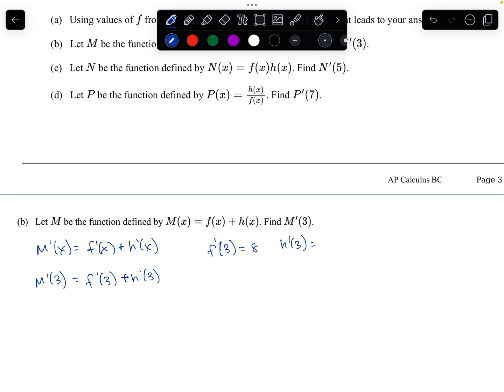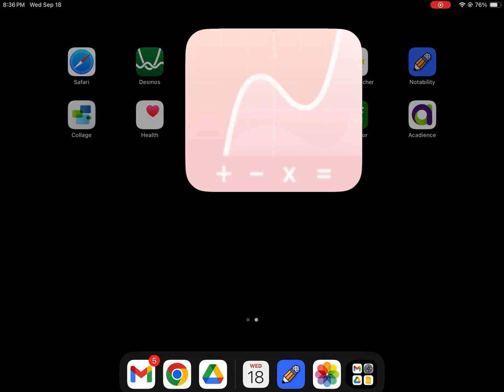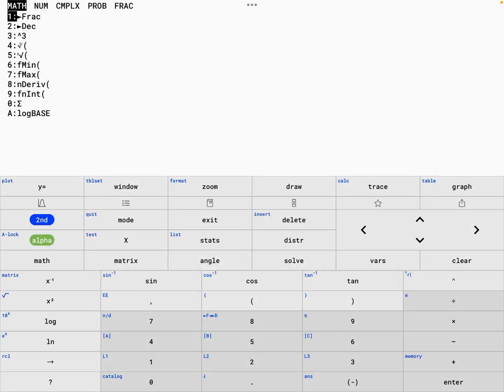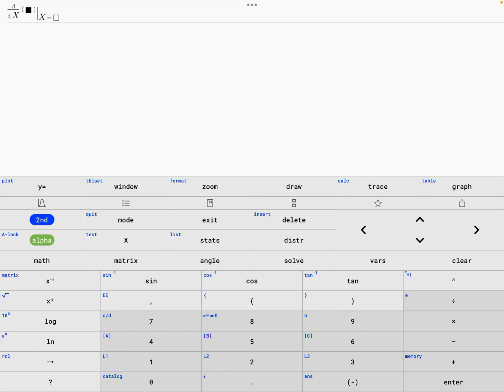So let's go to the calculator, and then h prime of 3. So I'm just going to go to math, option 8, and we're going to do the derivative of, we're going to type in our function, so that's going to be x squared, and then e raised to the cosine of 3x.